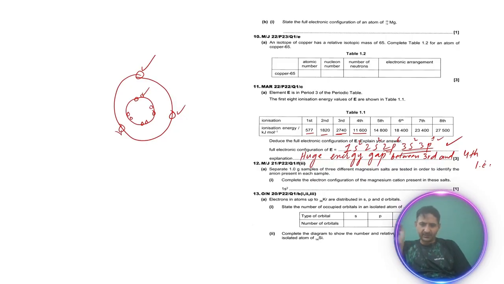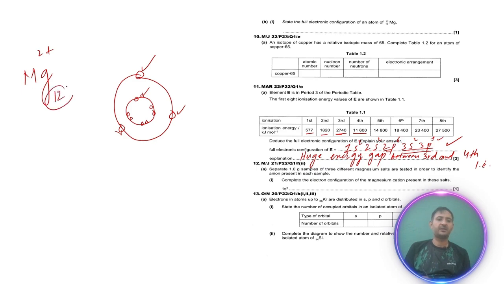Question: complete the electronic configuration of the magnesium cation present in this salt. Magnesium is from group 2 and its cation will be 2 positive. The atomic number of magnesium is 12, so there are 12 electrons. 2 positive means 2 electrons fewer. So it will be 1s2, 2s2, 2p6, and 3s2.